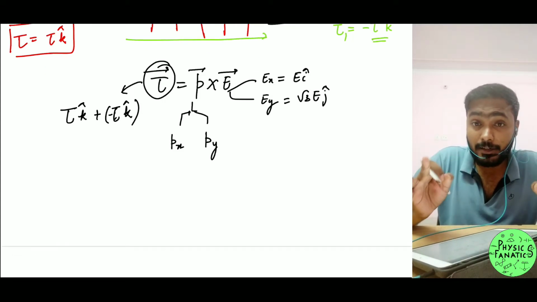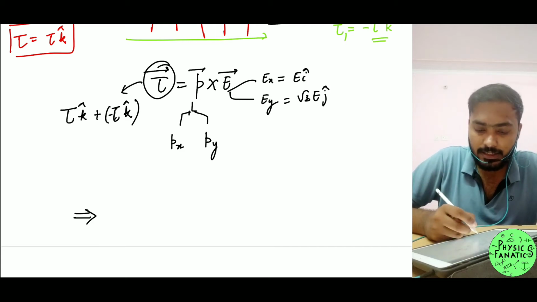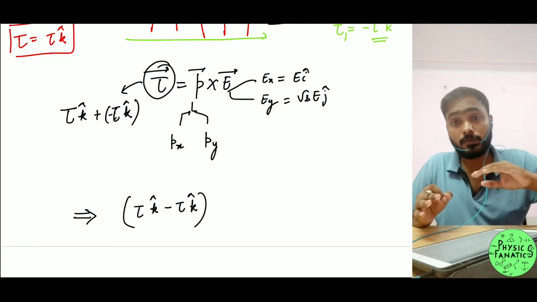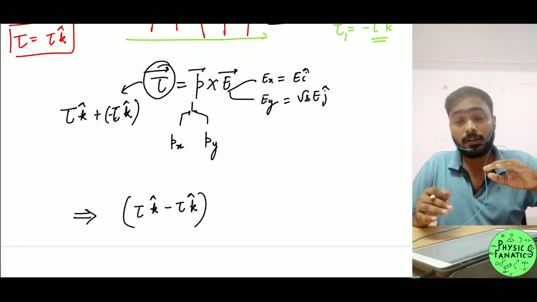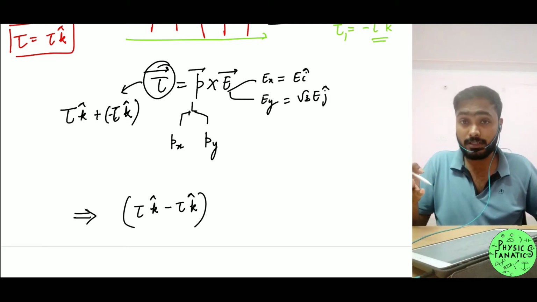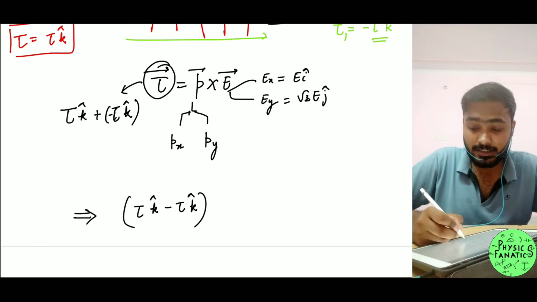The net torque is easily given as tau k cap minus tau k cap. Can you see that? That is the net tau. The first tau was going inside the board, the second tau was coming out, equal and opposite, so I can easily add them, right?